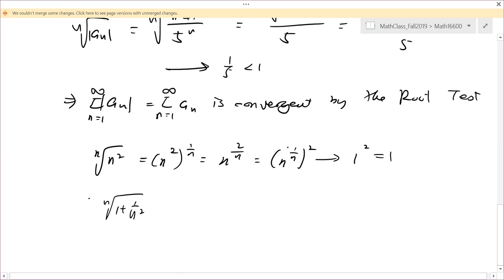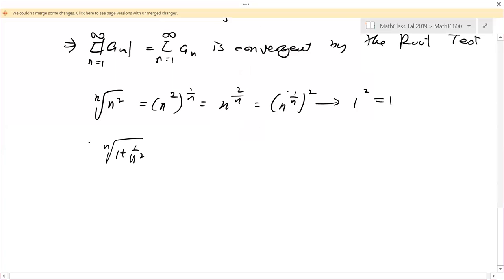This limit is going to be 1. It's not easy to prove that. So 1 plus 1 over n squared is greater than or equal to 1. That's one way to prove it.